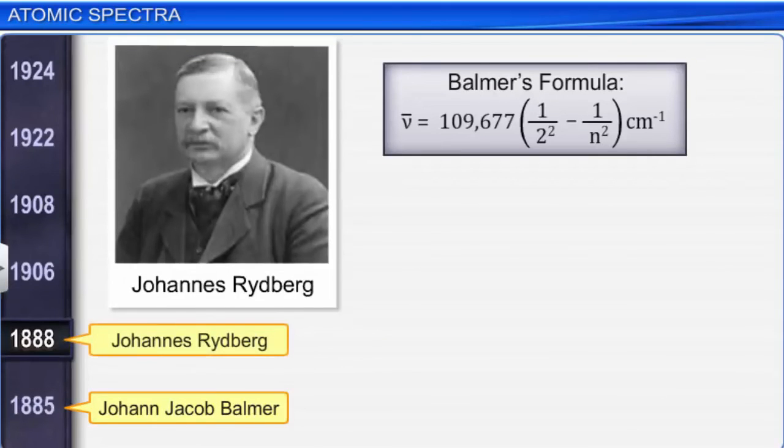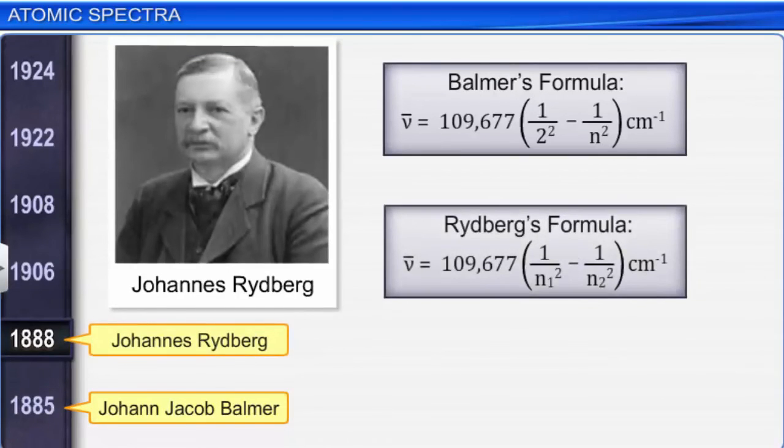The Balmer formula inspired the Swedish spectroscopist Johannes Rydberg to come up with a modified formula to describe all series of lines in the hydrogen spectrum. The equation may be written as wave number ν̄ = 109,677 × (1/n1² − 1/n2²) centimeter inverse.